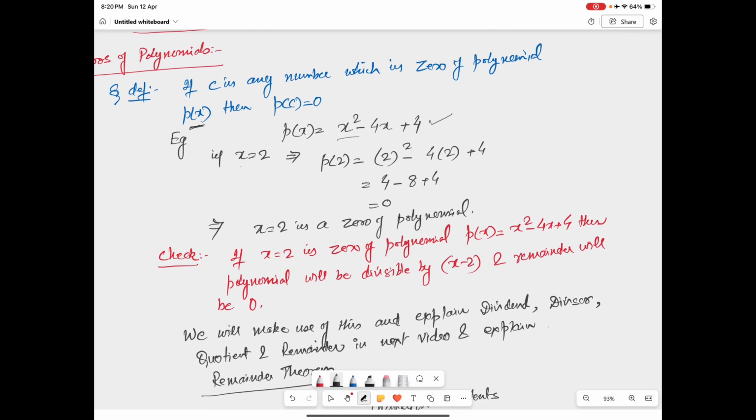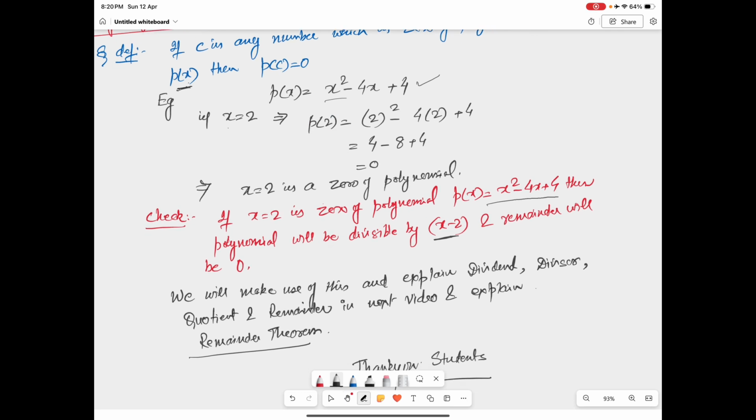You can check that if x equal to 2 is a zero of the polynomial p(x) equals x square minus 4x plus 4, then the polynomial will be divisible by x minus 2. That means x minus 2 is one of the factors of this polynomial. So I will make use of these zeros of the polynomial to describe the remainder theorem.